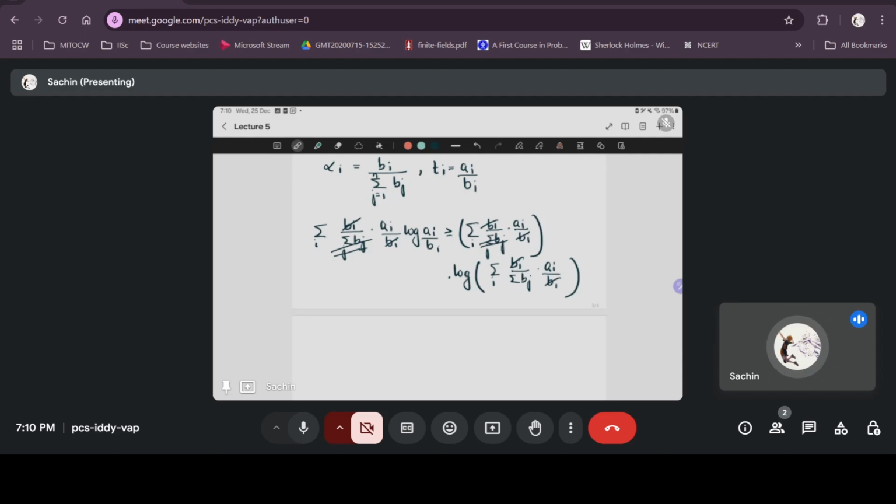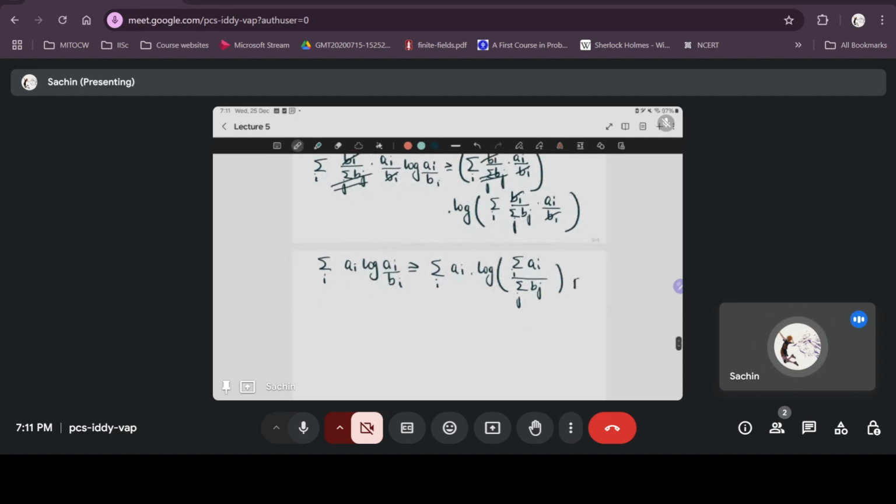You can take them out of the summation and cancel them, and you will be left with summation over all i ai times log of ai over bi is greater than or equal to summation over all i of ai times log of summation over all i ai over summation bj. Summation bj is a constant. We can take that out. You will get summation ai over all i divided by summation bj over all j, which is the log sum inequality.